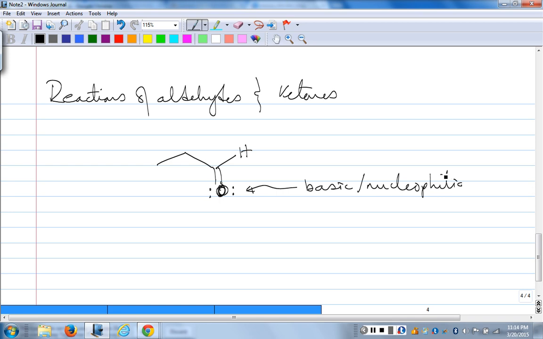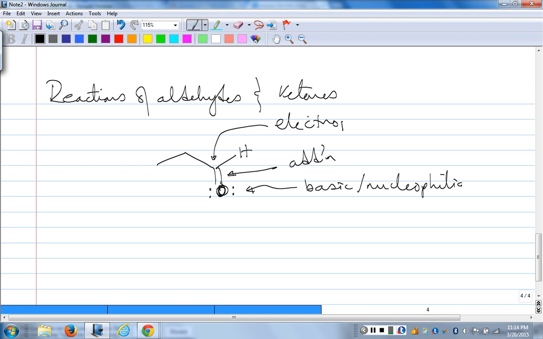Okay. There is a pi bond, and pi bonds we know are relatively labile. And when compounds with pi bonds react, they tend to react by addition. So I'd expect to see some addition chemistry. The carbonyl group, as we mentioned before, is actually a really good electrophile, right?